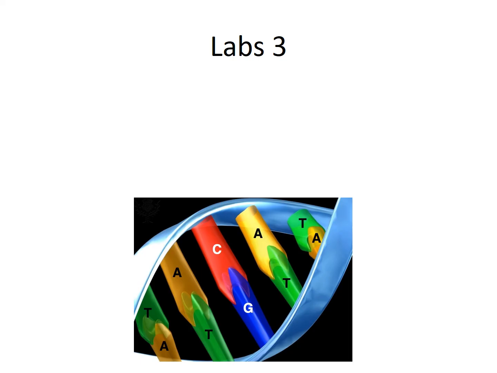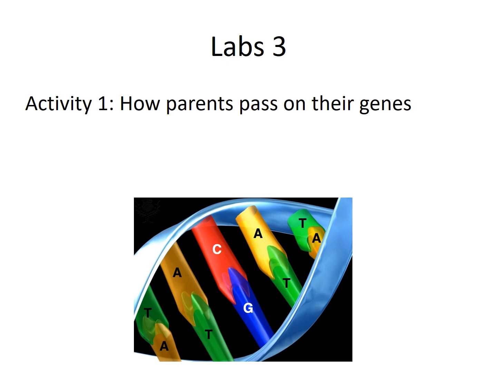Okay, lab this week. Lab for Unit 3 is rather time consuming because it introduces the concept of genetics, and genetics is a big concept. In the first activity, you're going to view how parents pass on genes to their offspring.